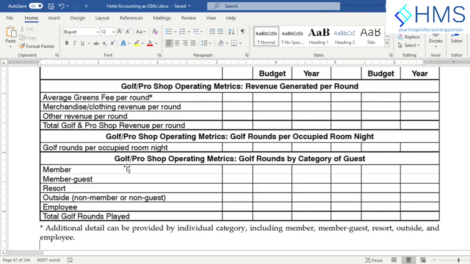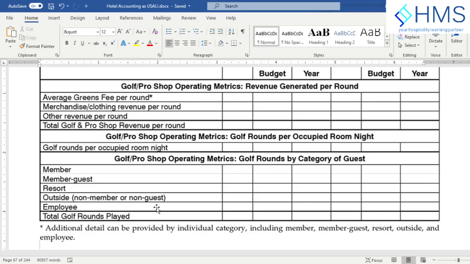Then the golf club also wants to separate the revenue by the category of the guest. So that means members, member guests, resort guests, outsiders, employees, and the total golf rounds played, so that you can have some kind of revenue segmentation showing where the majority of revenue is coming from. So the hotel's accounting system, the property management system, should be able to maintain these details.